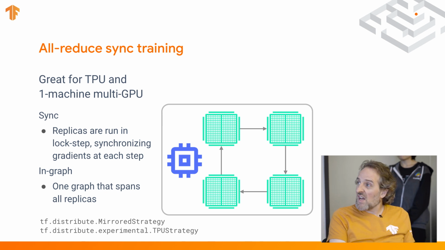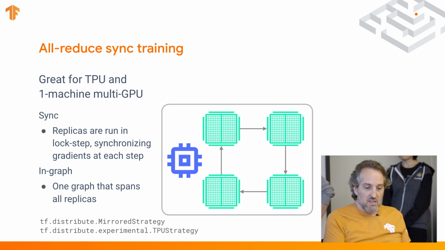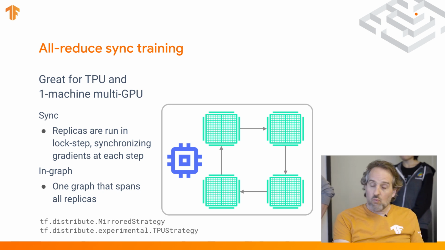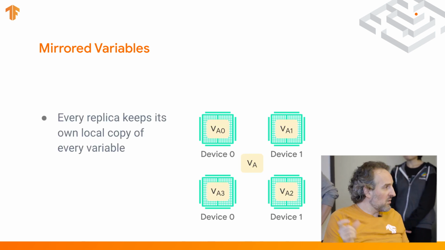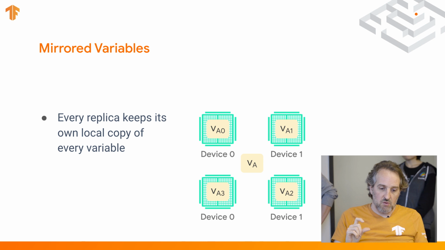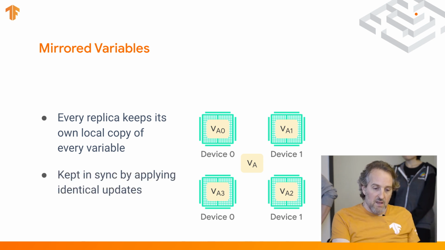In this strategy, we mirror the variables of the model onto each of the devices. So let's say you had a variable, let's call it A, in your model, and we're going to replicate it by each device having its own copy of the variable locally so that it can just read it and there's no delay.